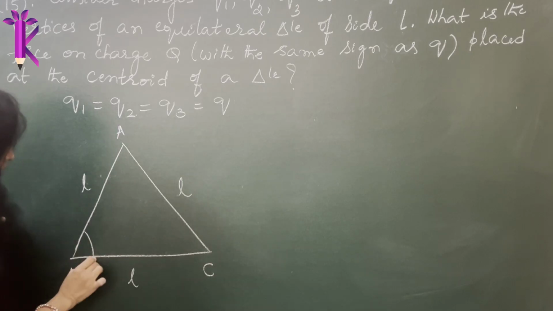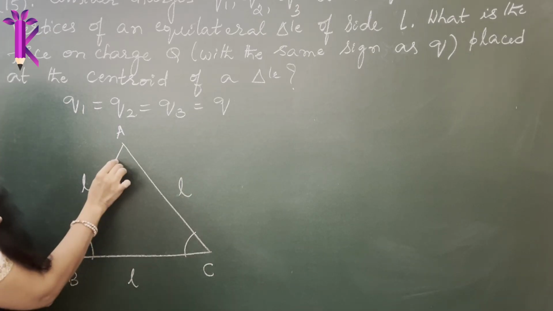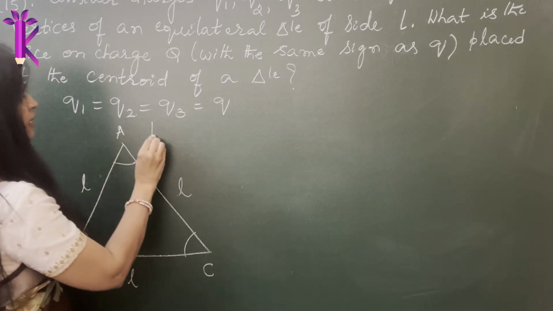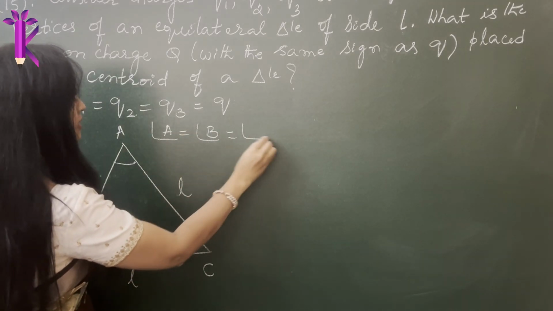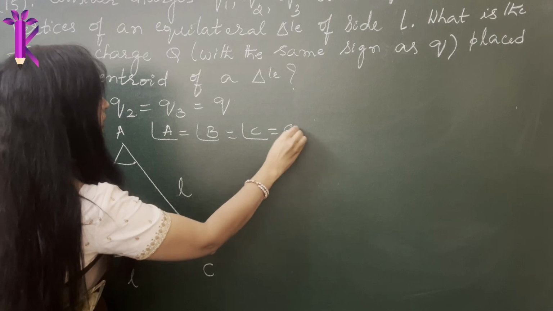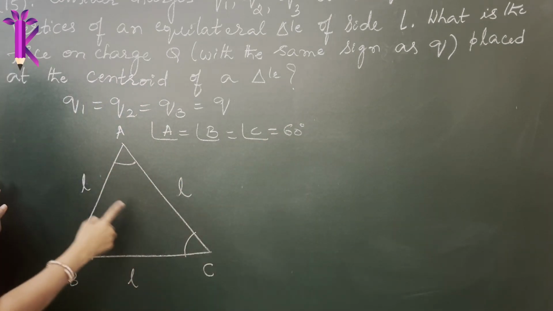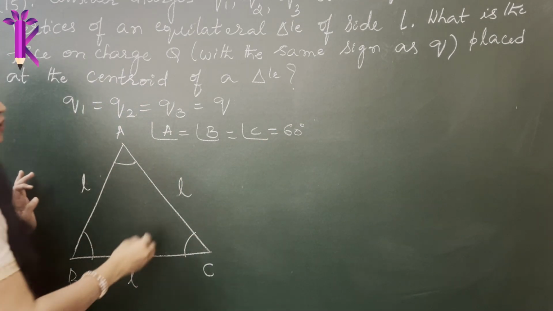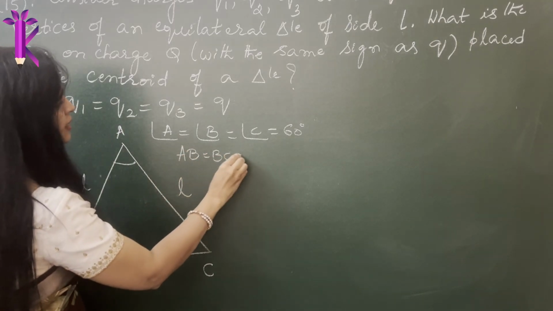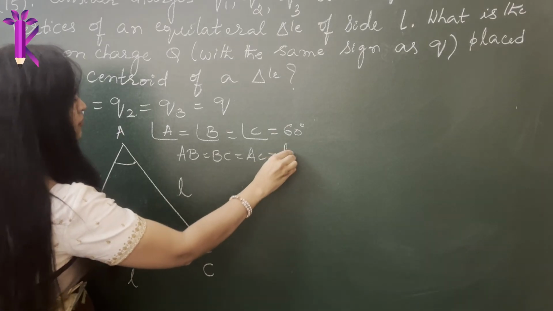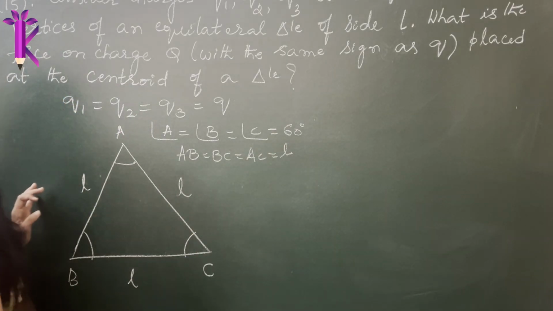Each angle is equal to 60 degrees. Let's write that angle A, angle B and angle C are all equal to 60 degrees, and also AB, BC and AC are all equal to L. So that is what you mean by an equilateral triangle, which has equal lengths and equal angles.